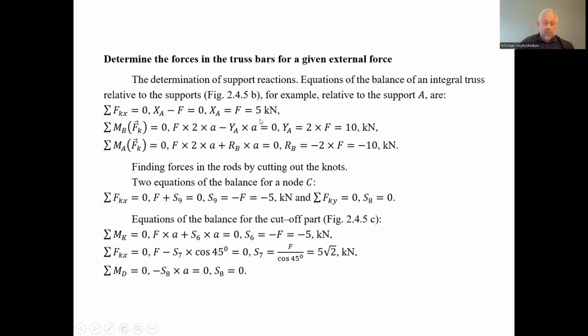After that, we can consider the balance equation relative to the points B and A of the integral truss.